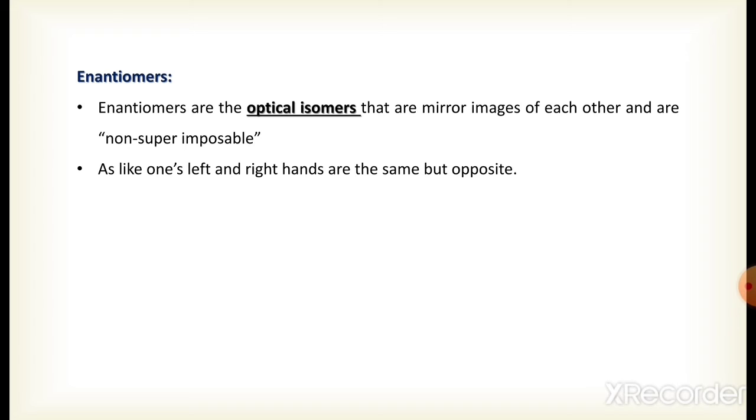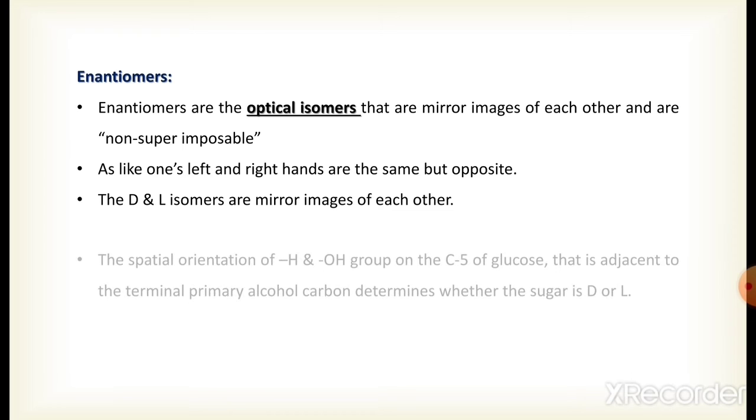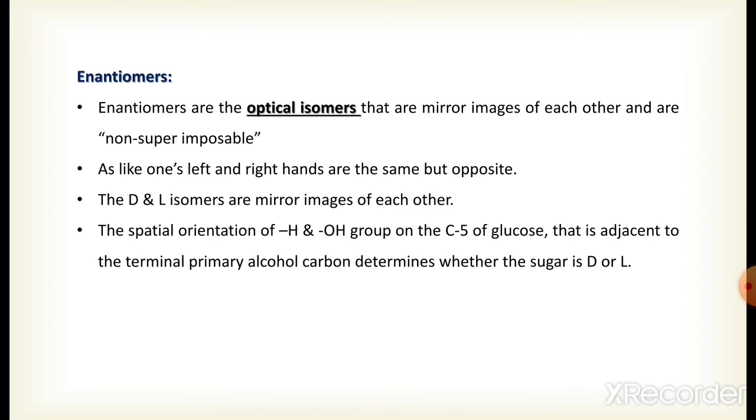The D and L isomers are mirror images of each other. The spatial orientation of hydrogen and hydroxyl group on the carbon number 5 of glucose, that is adjacent to the terminal primary alcohol carbon, determines whether the sugar is D or L, because glucose contains more than one asymmetric carbon atom.